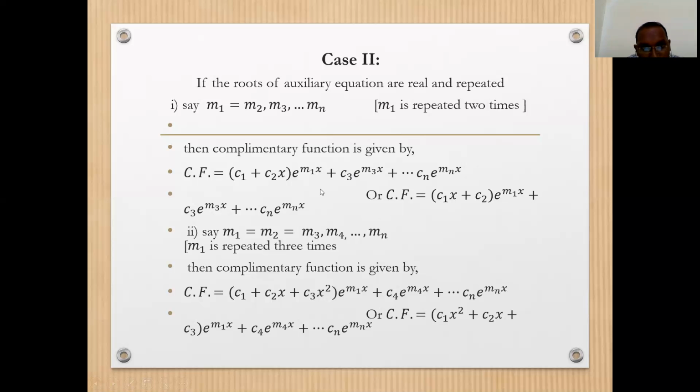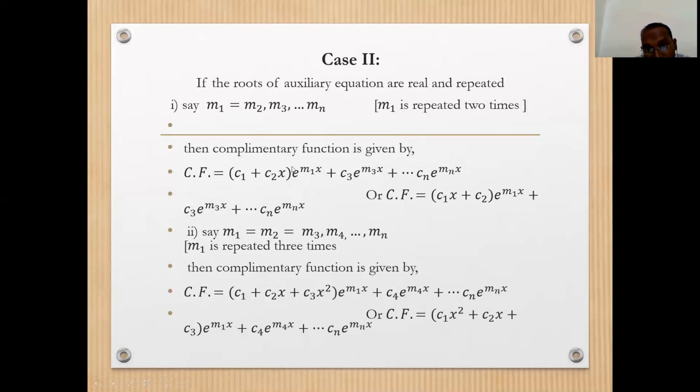Or we can write it like this also: c1 plus c2x, or you can write c1x plus c2, into e raised to m1x plus c3 e raised to m3x plus and so on cn e raised to mnx. In this way, we can write the complementary function related to the repeated root. See once again, here the first two roots are repeated.